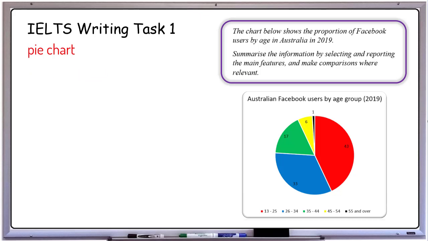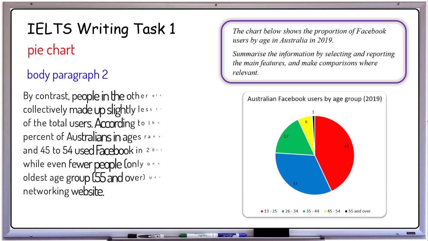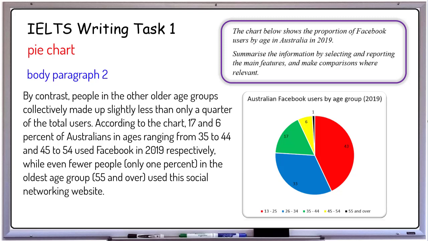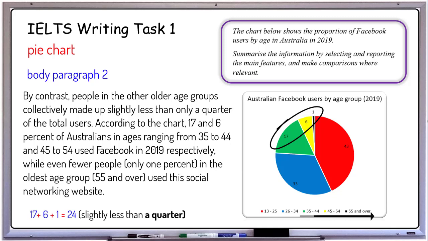Alright then, let's move on to the second body paragraph. In this paragraph, we need to provide information concerning the small segments. A simple calculation of the segments left shows that about only 25% of the total users is covered by people aged 35 and over. This is definitely in contrast to the 3/4 of the largest segments.